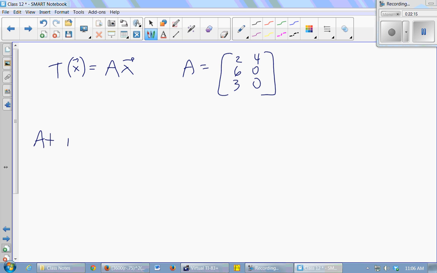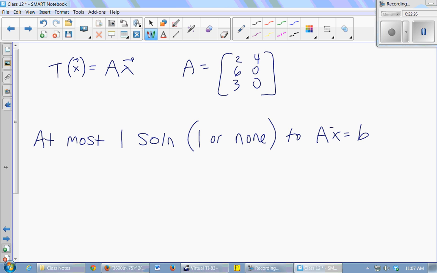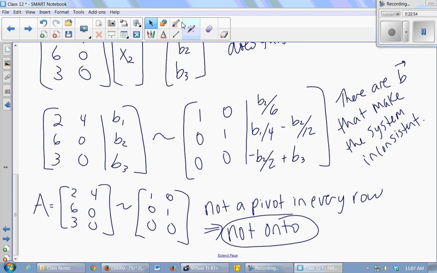So is there at most one solution, that's one or none, to AX equals B? No. The row reduced echelon form has a place, right? So let's just copy the B1, B2, B3 row reduced echelon form. This thing here.